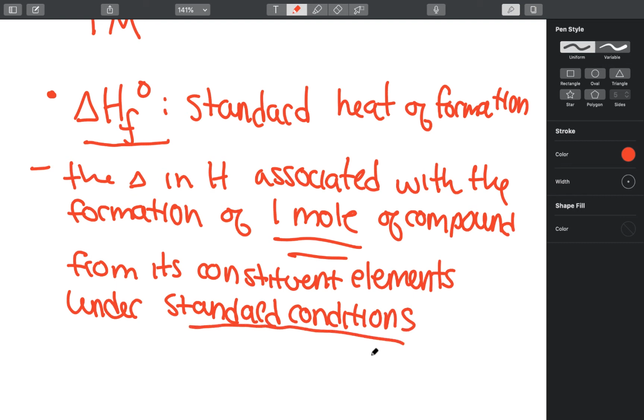So it's only under standard conditions, so 298 Kelvin and 1 atm of pressure.